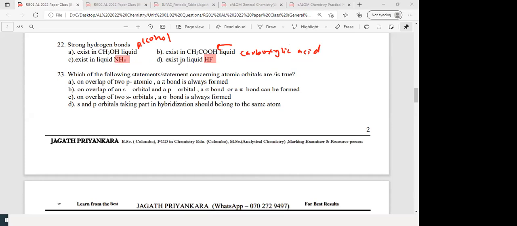Okay, some of you have put answers for question number 22. Chanitha put the fourth answer, Dulshan put the third answer. Fourth means A and D, third means C and D. What about the others? I think some of you have not done intermolecular forces, and maybe you will find it a bit difficult.